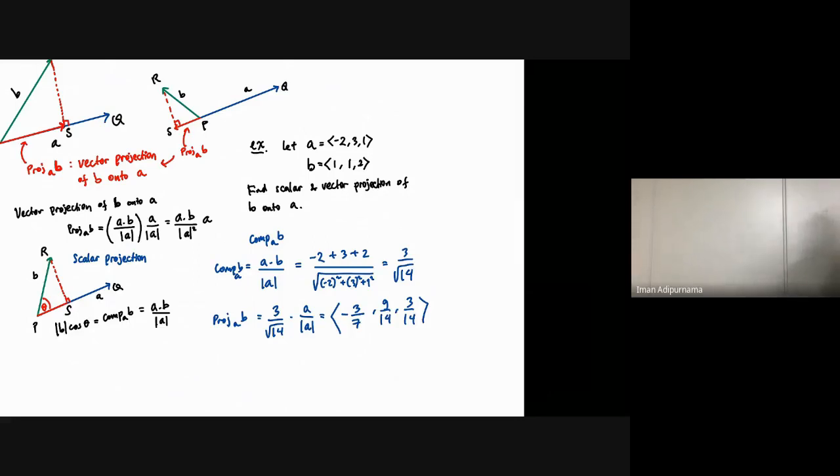I think application for projections is mostly in physics, if you remember. So that's the projections. Let me just start with section 12.4, the cross product.